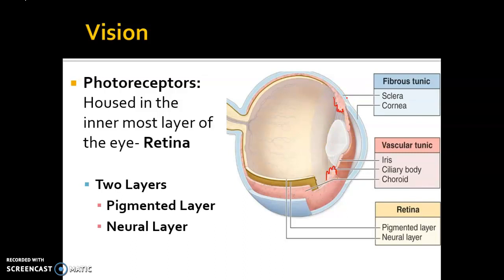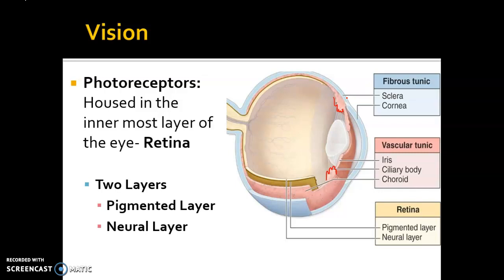Remember, the ciliary body is made up of two structures, ciliary muscles and ciliary processes. Contraction and relaxation of ciliary muscles help to change the curvature of the lens, resulting in flattening out of the lens and giving us a curved lens. And this is really important for accommodation of the eye.